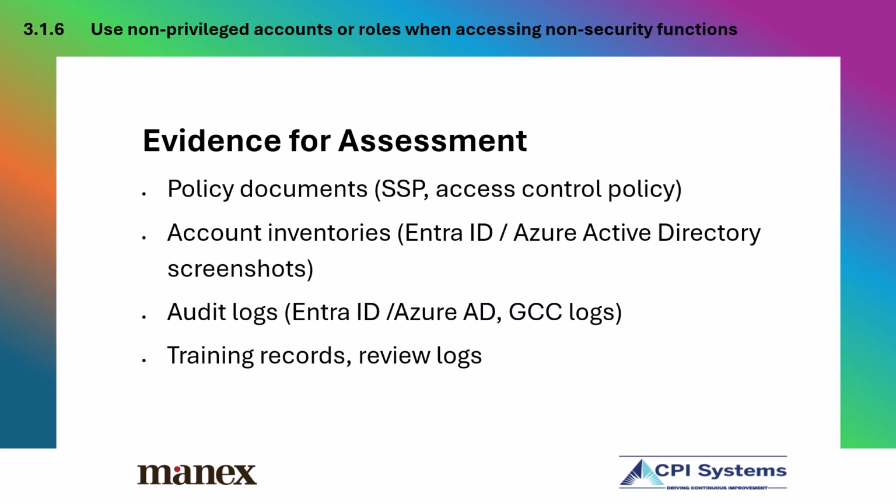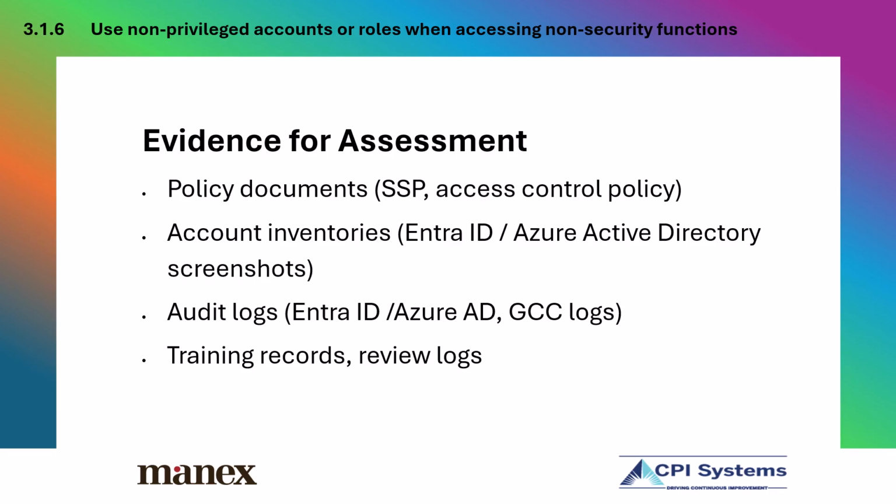To satisfy requirement 3.1.6 in an assessment, you must provide documentation, usually in your system security plan, or SSP, and access control policies. This shows you have defined and enforced these controls.